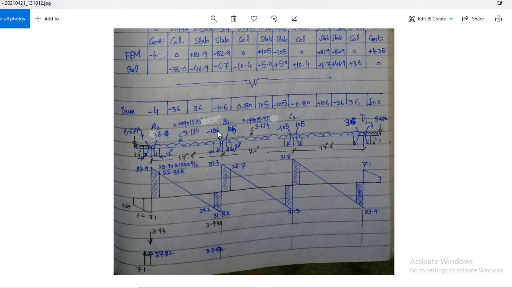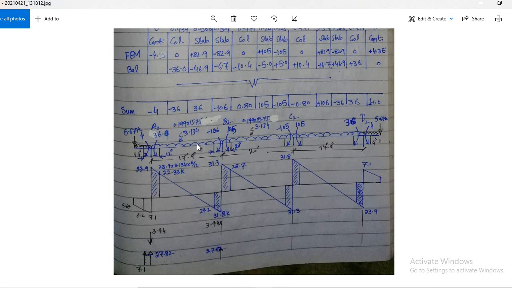You see 36 and minus 106, so it will cause this panel to rotate in this direction, clockwise. To bring this panel into equilibrium, you have to apply an anti-clockwise movement, and that movement will equal this 3.94 times this distance.